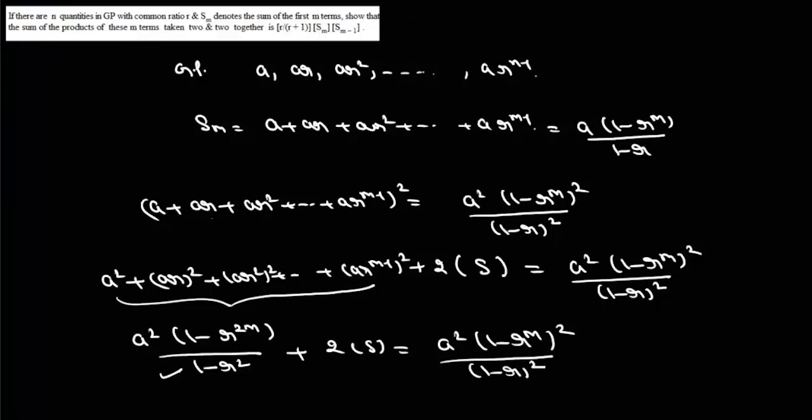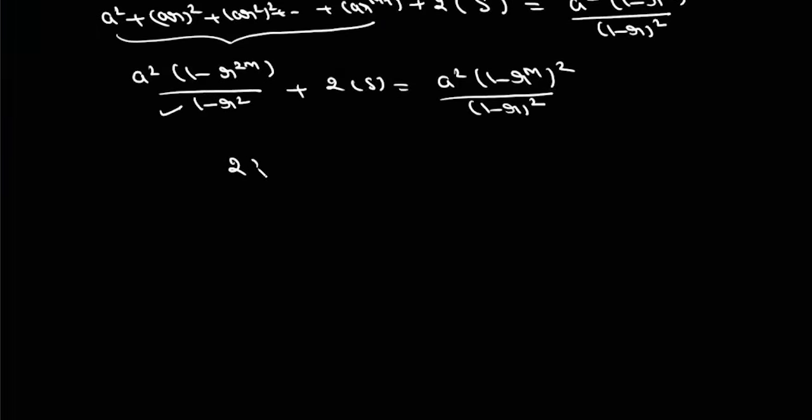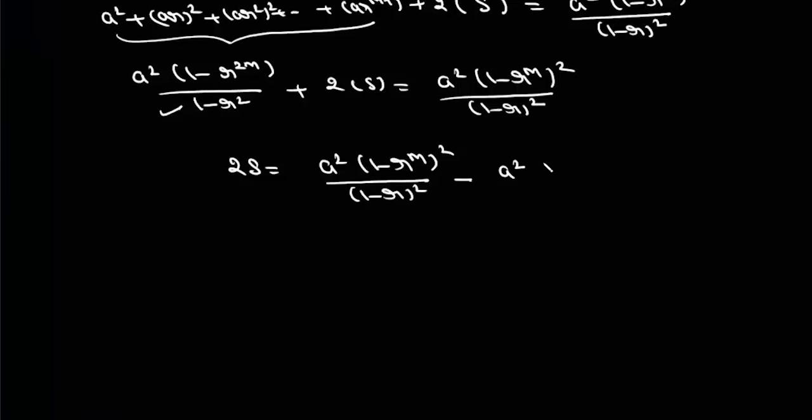We can write 2s equals a square (1 minus r to the power m) whole square upon (1 minus r) square minus, and this is a square, and we can write this as (a plus b) into (a minus b). So we'll write (1 plus r to the power m) into (1 minus r to the power m) upon, and this is also (a plus b) into (a minus b), so it will be this (1 plus r) into (1 minus r). Now what we'll do is we'll take a square (1 minus r to the power m) upon (1 minus r) common.